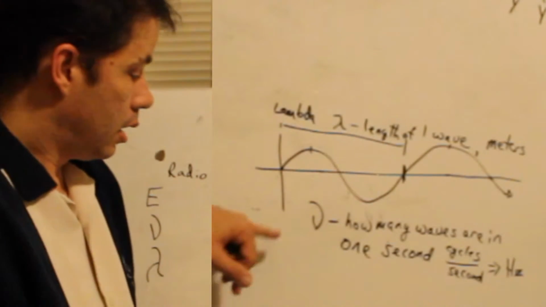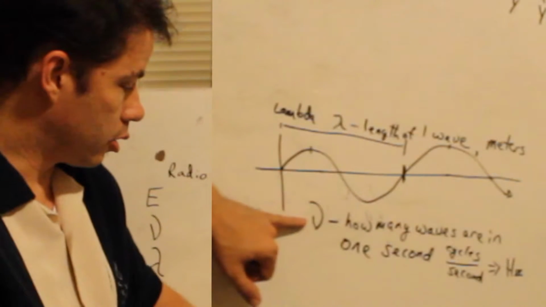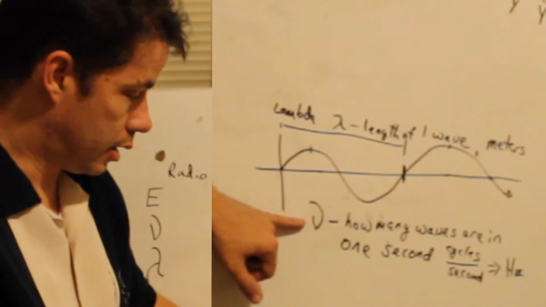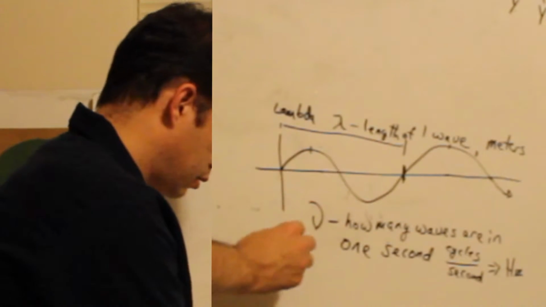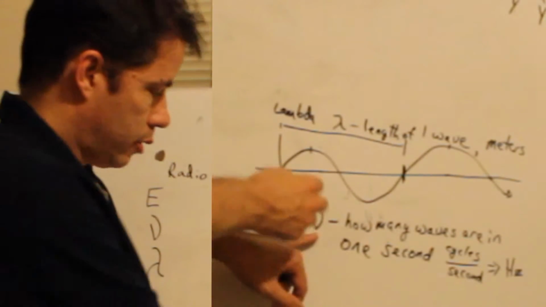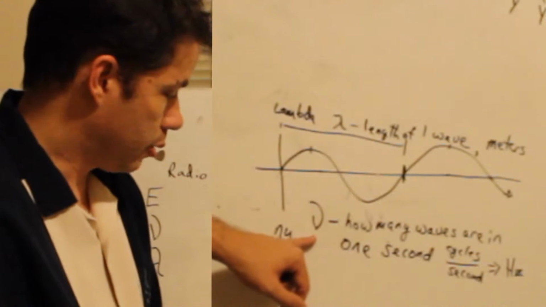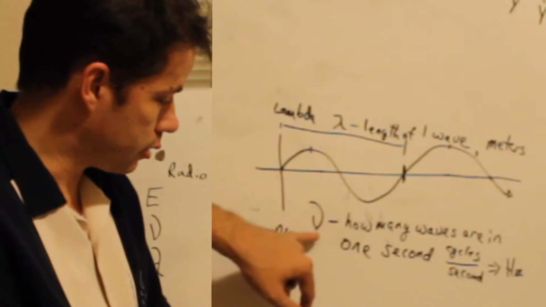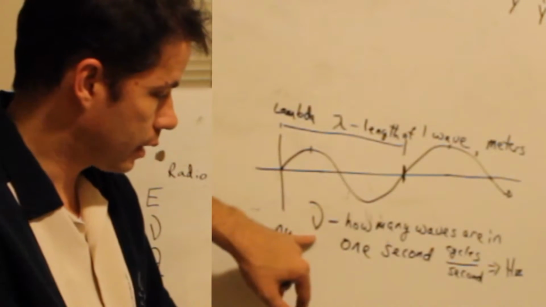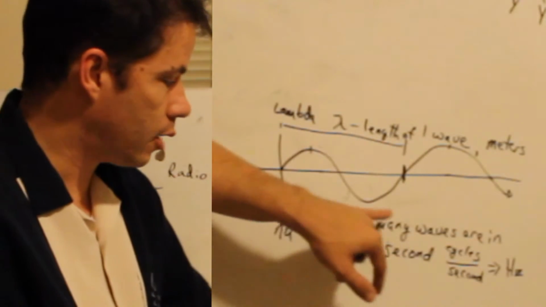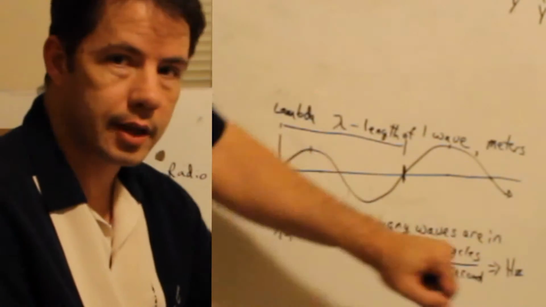Okay? This right here is the Greek letter nu, N-U. Basically, it's like a V, but you put an extra tail on it, okay? Almost like horns, okay? It's getting ready for the charge. So that's nu. And what it says is how many waves happen in 1 second.